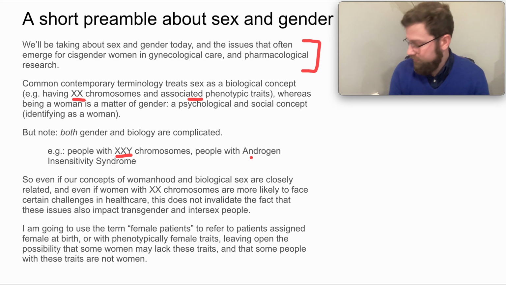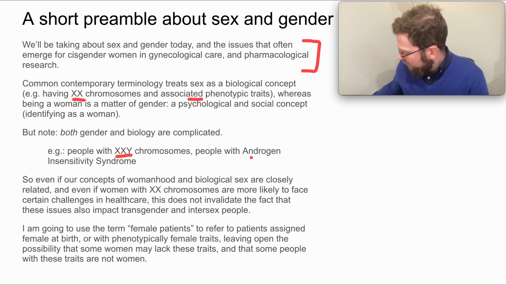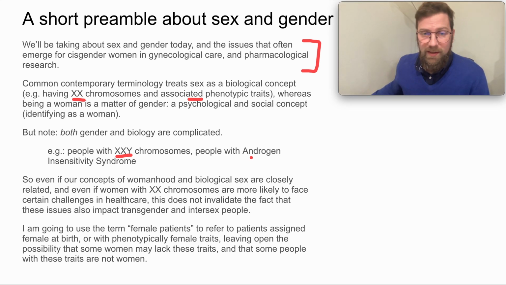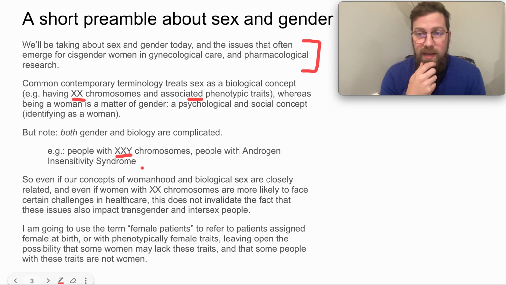Now, in this case, we will find that a person with androgen insensitivity syndrome can be perfectly healthy, although they will not have all the traits of a typical phenotypic and genetic female.